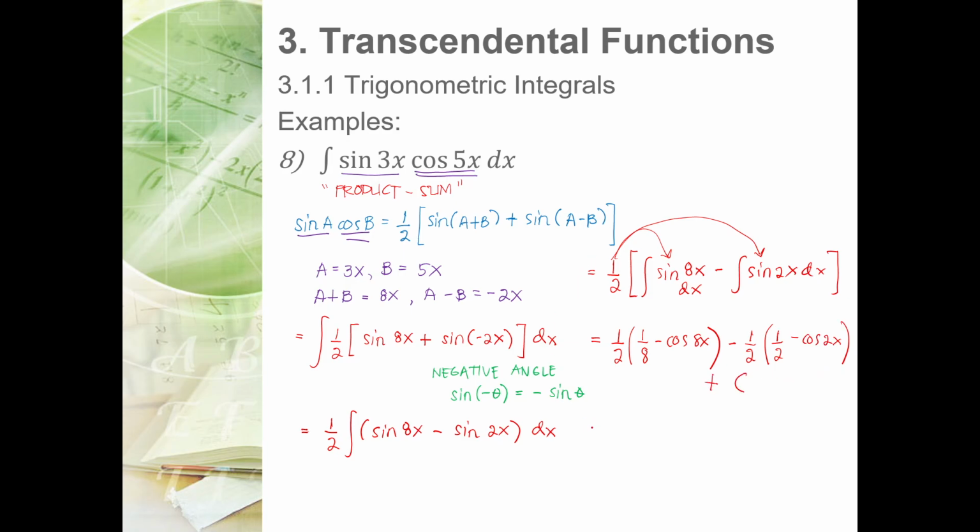So getting the final answer, we have 1/2 times 1/8 times the negative sign, that's negative 1/16 cosine 8x. So minus 1/2 times 1/2 times negative 1, that will be plus 1/4 cosine 2x plus c.